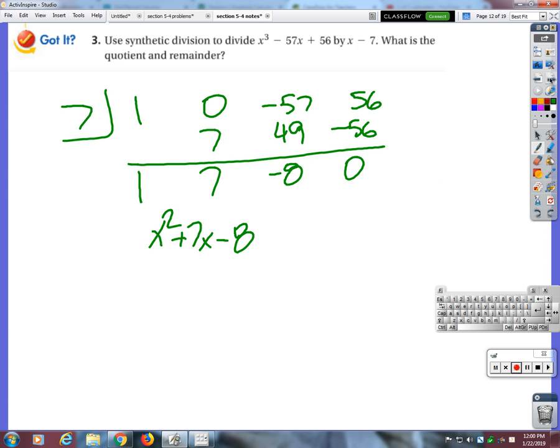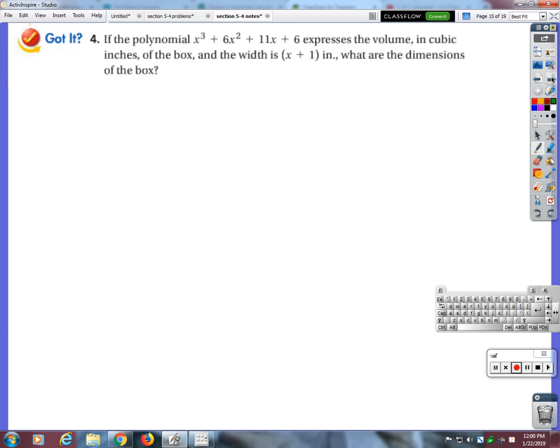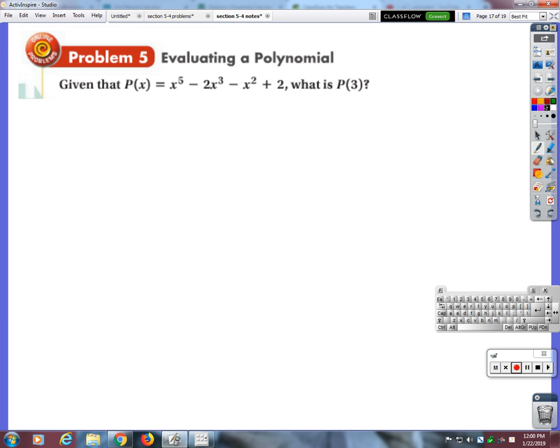So for example, if we wanted to know what we would get if we plugged 3 into this polynomial, you could go 3 to the 5th minus 2 times 3 cubed minus 3 squared plus 2 and get the answer that way. And that's totally fine. That's what we've been doing, and that's probably what you will be doing in the future.